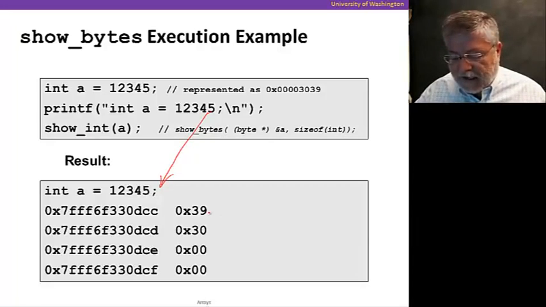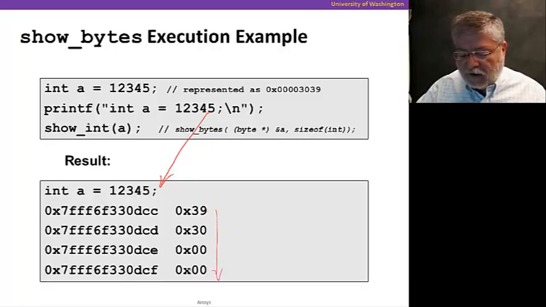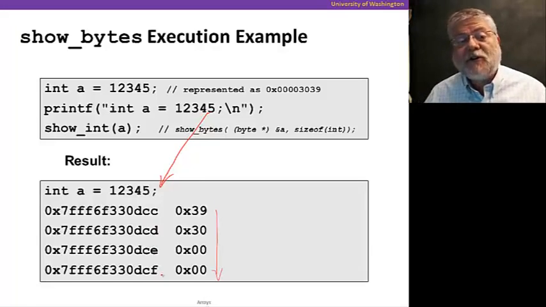And then you'll see that inside of showInt, we've of course called showBytes, and it went for 4 bytes, printing out each one in turn, successive bytes at CC, CD, CE, and CF. And the rest of that address, you know, is pretty arbitrary. Again, it's just where that integer a happened to be.